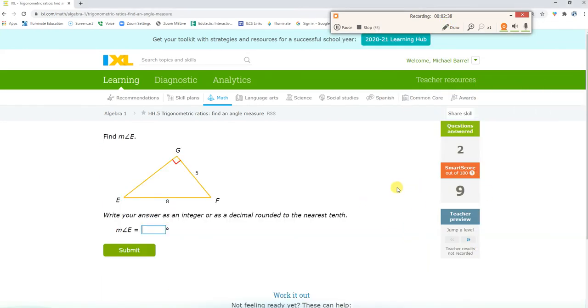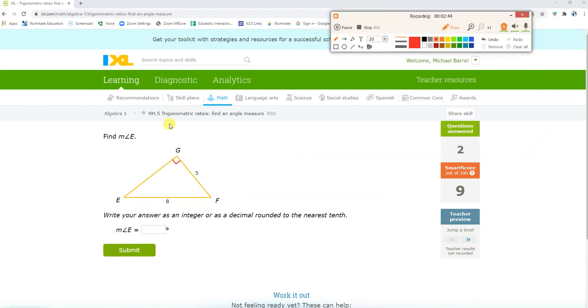What's this one? This is going to be E. Okay, so this is going to be a sine. I'm looking for angle E, and I have opposite over hypotenuse. So I'm going to go inverse sine of 5/8.